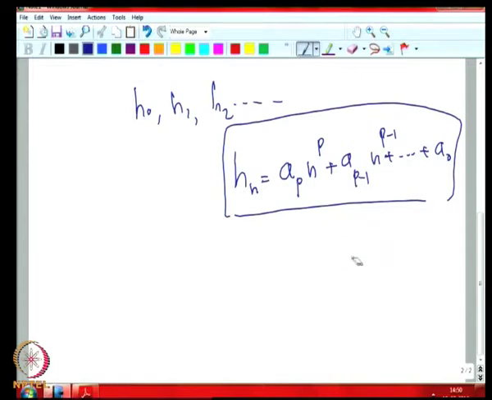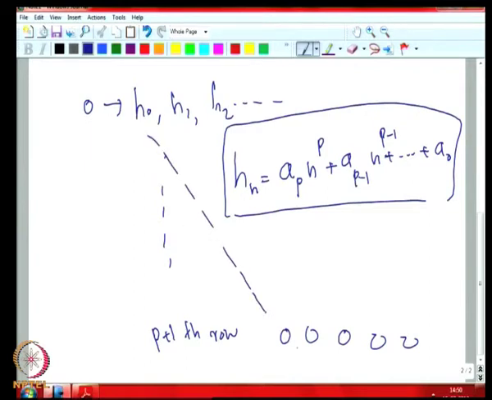Then if you make the difference table, with this being the zeroth row, the p plus 1th row onwards is fully 0. Until the pth row we will have some non-zero entries, but after that we will see only zeros.